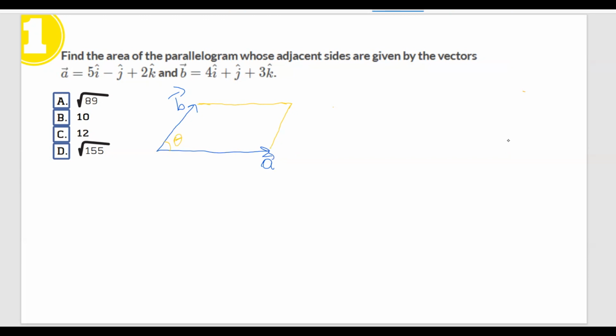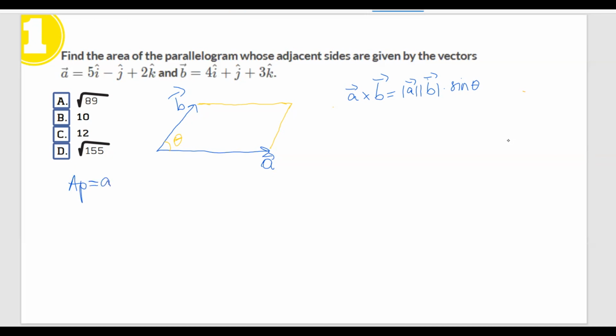So think about it. Let me write the formula. The formula says that A cross B equals magnitude of A times magnitude of B times sine of theta. And the formula for the area of the parallelogram is given like this.